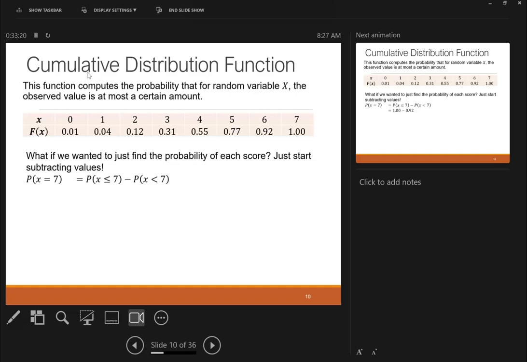It's okay there? Now, in the case of a discrete random variable like we have here, x less than 7 is the same as x less than or equal to 6, because if it's discrete, there are no values between 7 and 6. Everybody's okay with that?